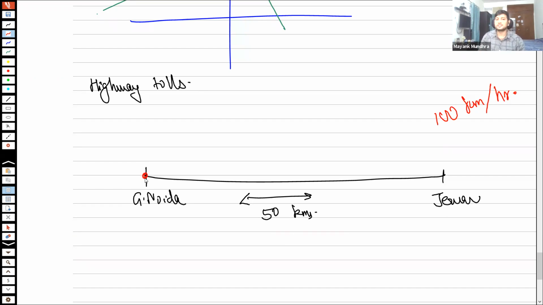Now, somebody notices that you crossed the Greater Noida toll at 2:05 p.m. and you reached Jewar at 2:30. So you have completed this entire journey in 25 minutes.